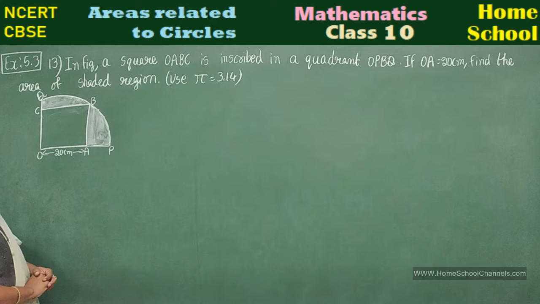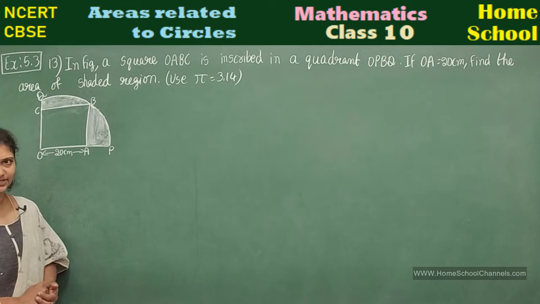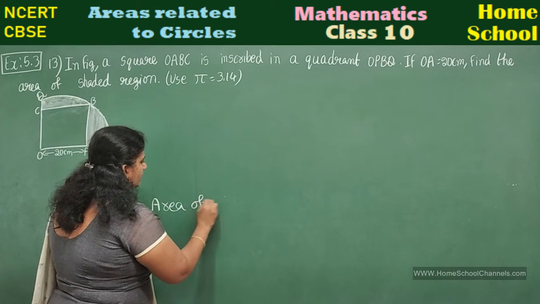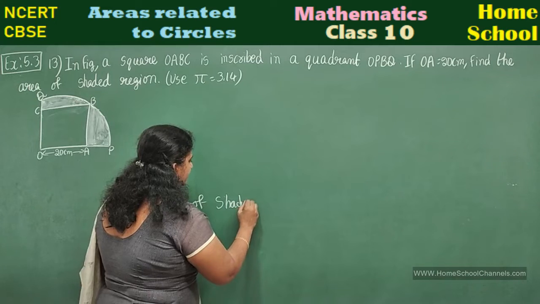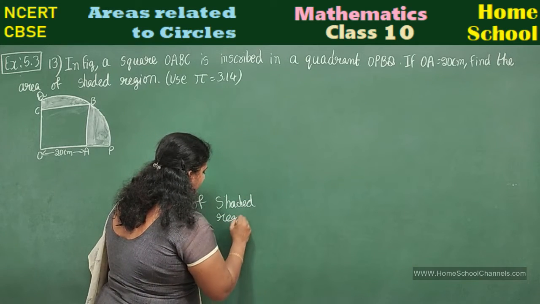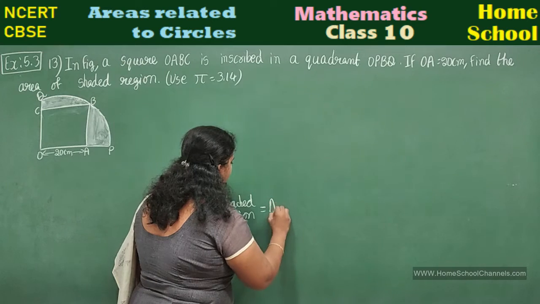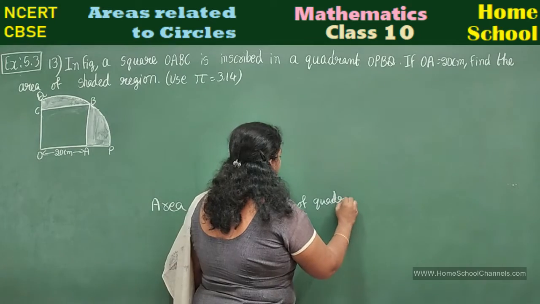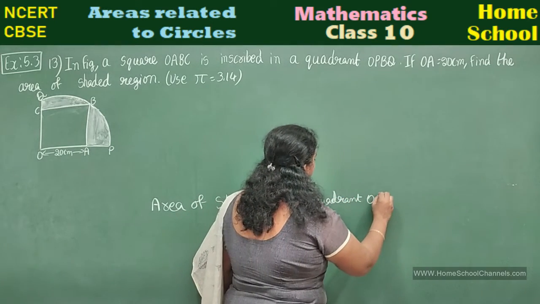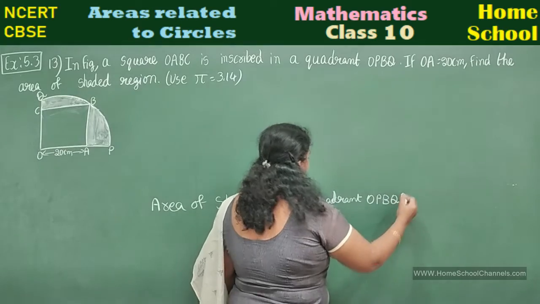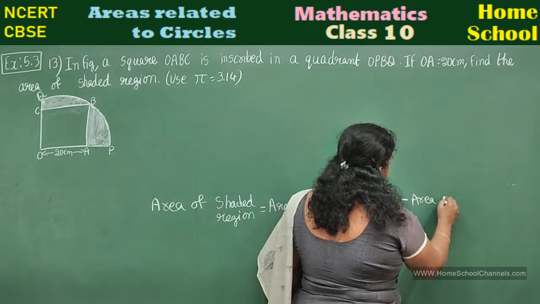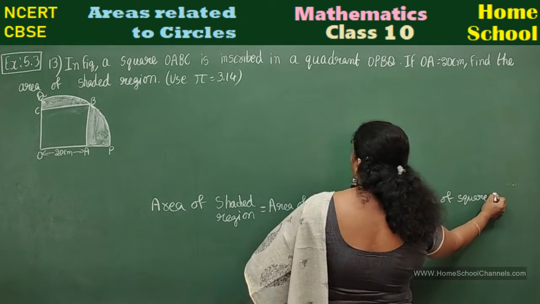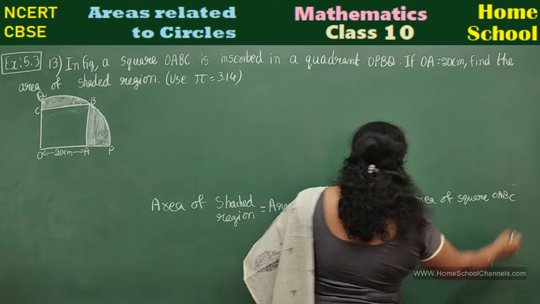So, how can I find the area of the shaded region? Frame the formula. Area of shaded region is equal to area of quadrant OPBQ minus area of square OABC.